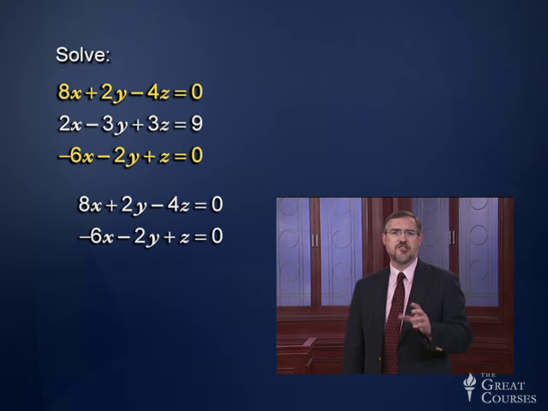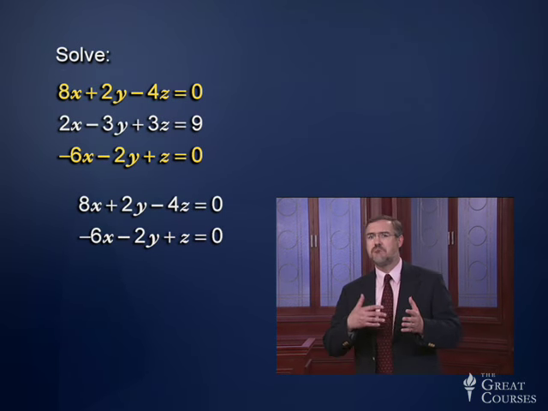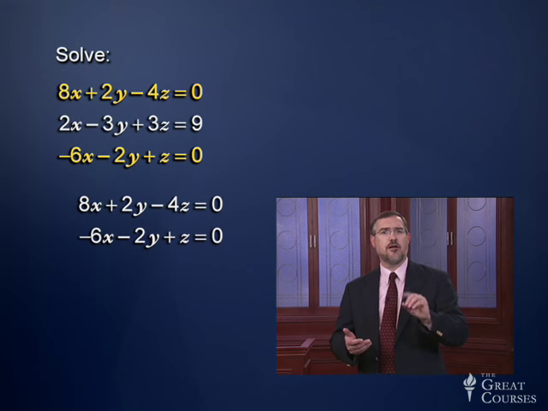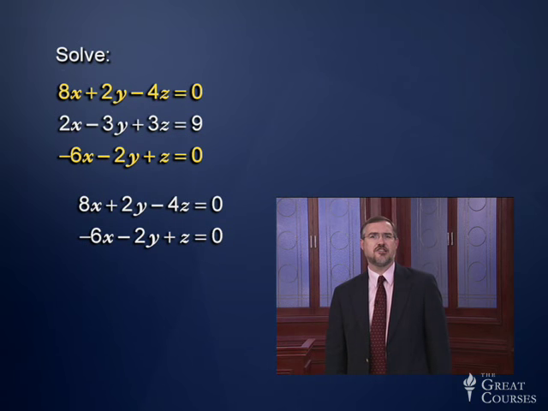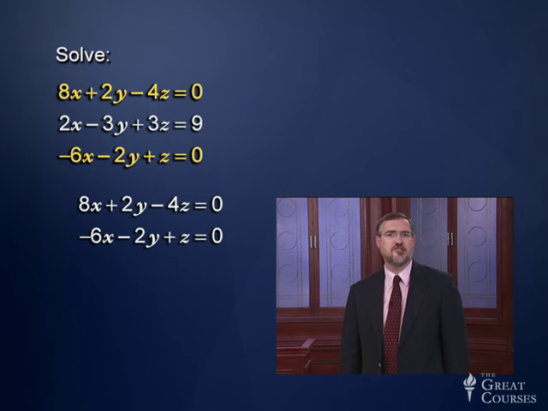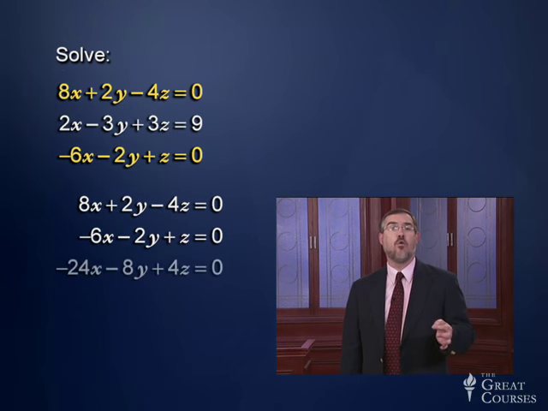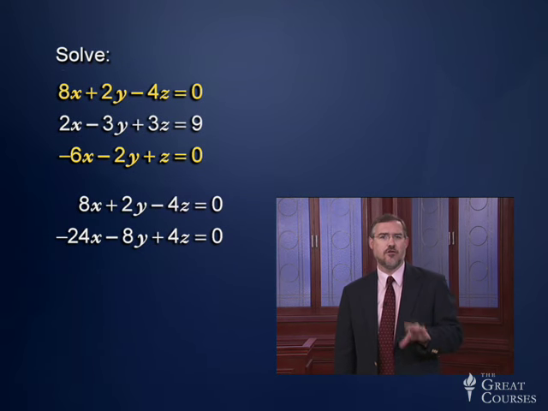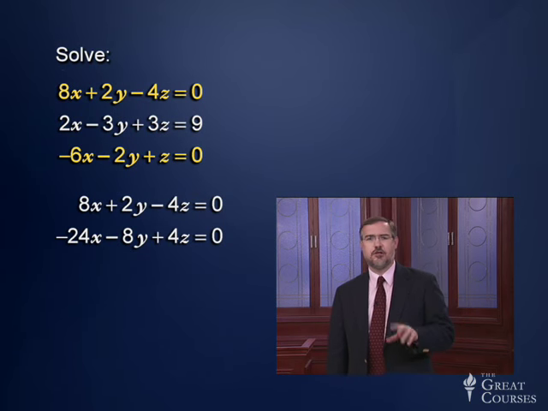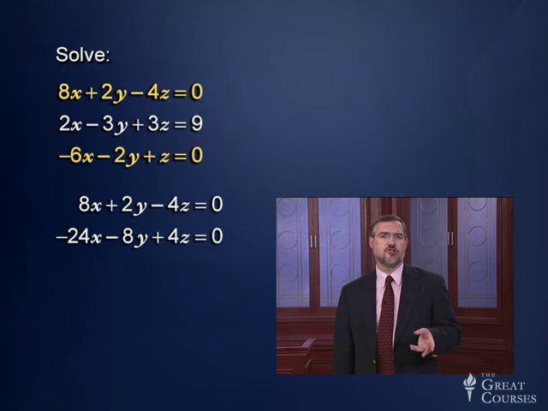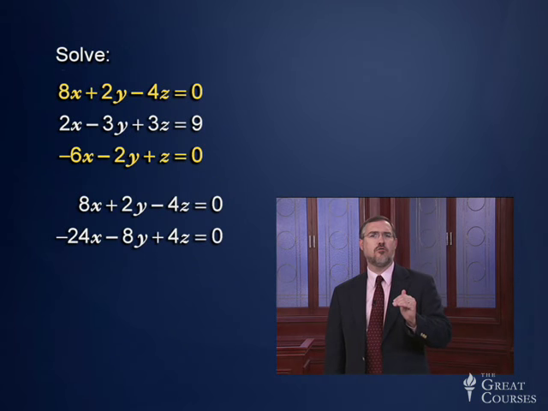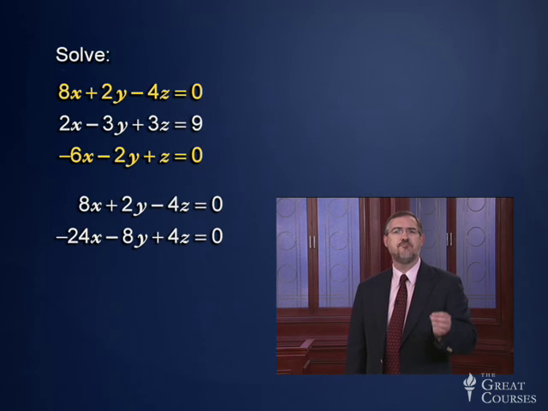Now, as with the systems of two equations, I'm allowed to multiply any of my equations by a constant. So I'm going to start by multiplying the equation negative 6x minus 2y plus z equals 0 by 4. And when I do that, I'm going to have the following new pair of equations. 8x plus 2y minus 4z equals 0, which I didn't do anything to, and negative 24x minus 8y plus 4z equals 0.